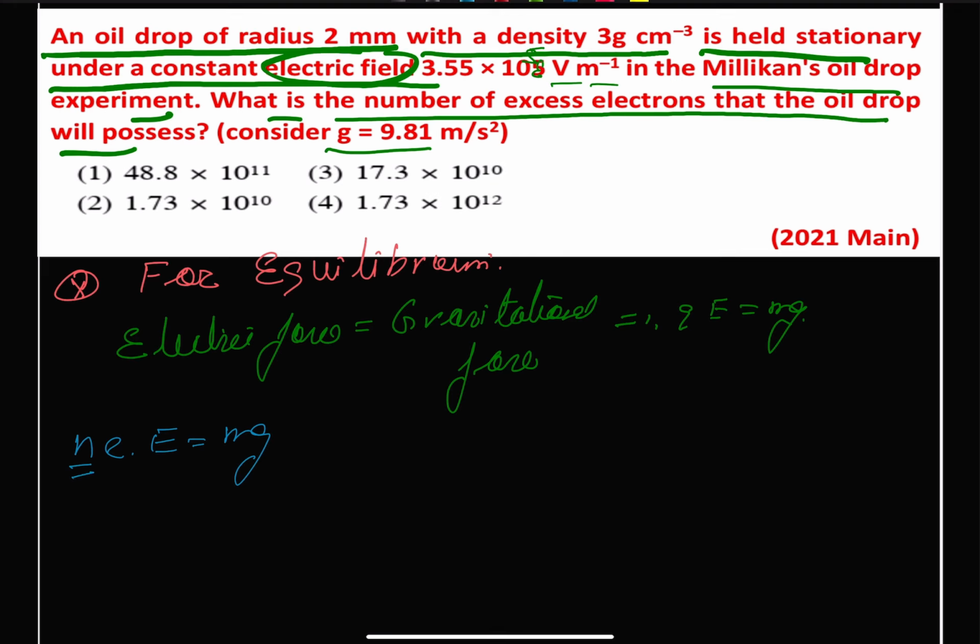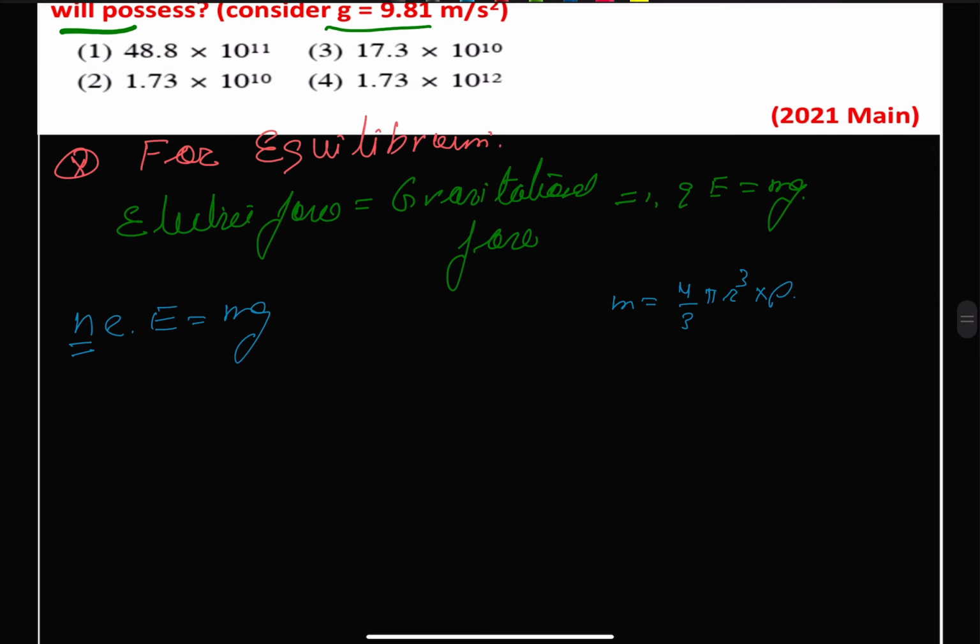We also need mass, so we can easily find that mass is equal to volume times density. So this comes as 4 by 3 pi r cube multiplied by density, and the radius is given to us as 2 millimeter.